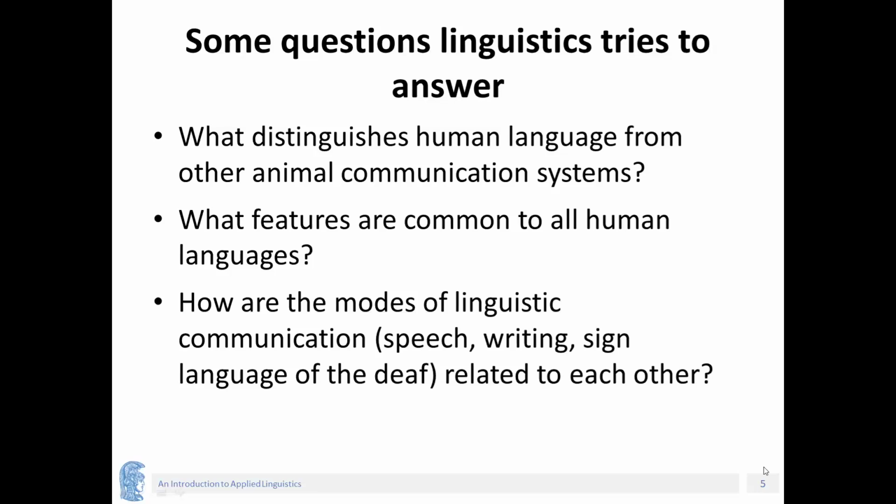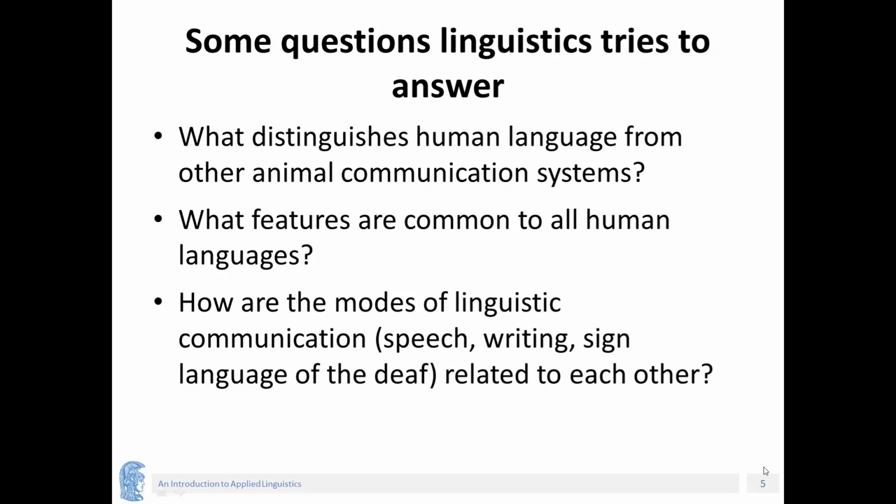There are many human languages. If you take a country like India, within India there are a number of languages, but there are certain common features for all these languages, and linguists want to know what those common features are.